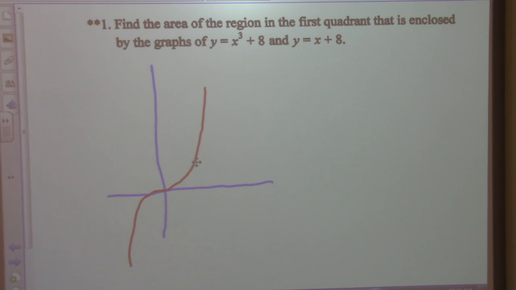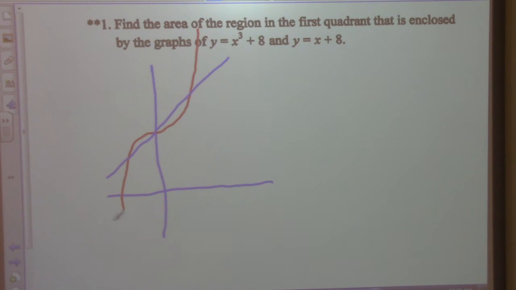Maybe you'll be jealous of me. You go up here and you can just move this up by 8, and now you have x squared plus 8, right? Does that make sense? And now you have this one, y equals x plus 8. That one is going to look something like this, right?